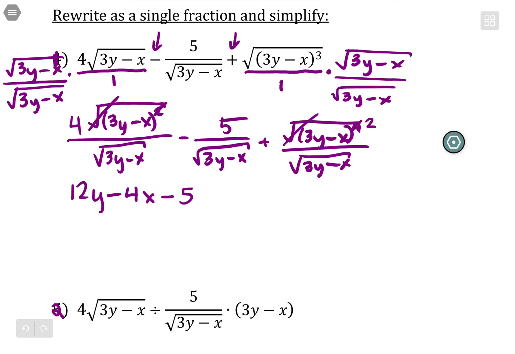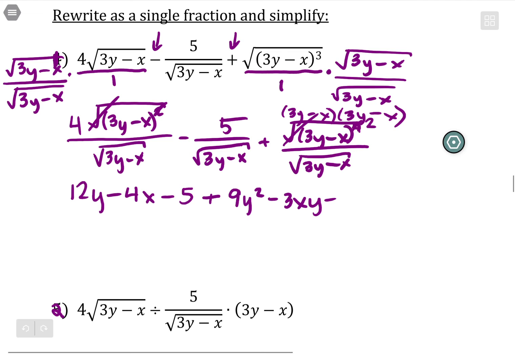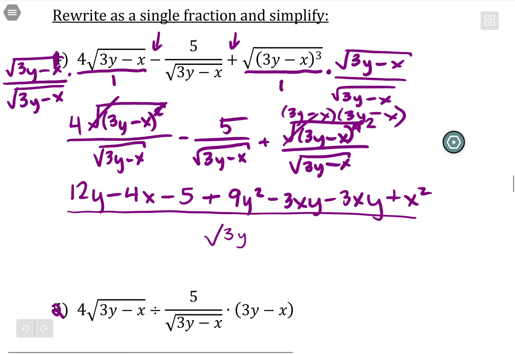It's 3y minus x to the 4th to the 1/2, which is 3y minus x squared. Plus, do I want to multiply it out? I think I will. 3y minus x times 3y minus x, just to get ready for some simplify, is 9y squared minus 3xy minus 3xy plus x squared. And all of that is over the square root of 3y minus x.